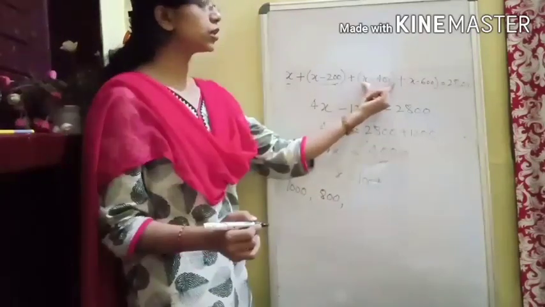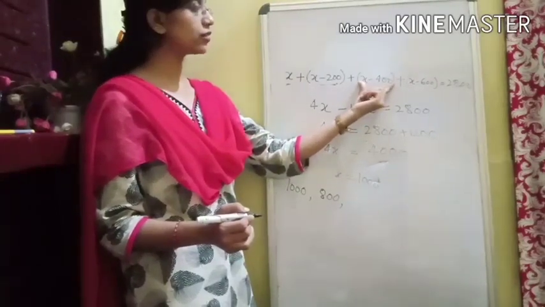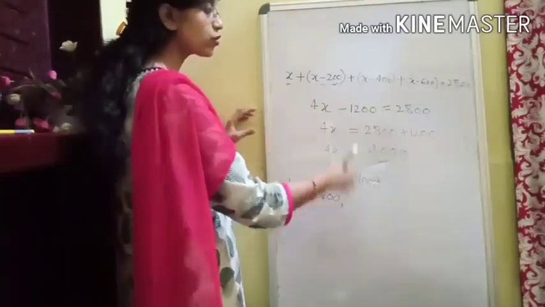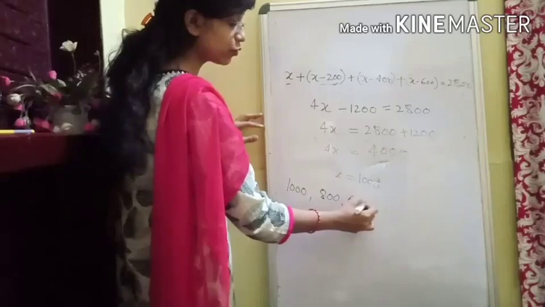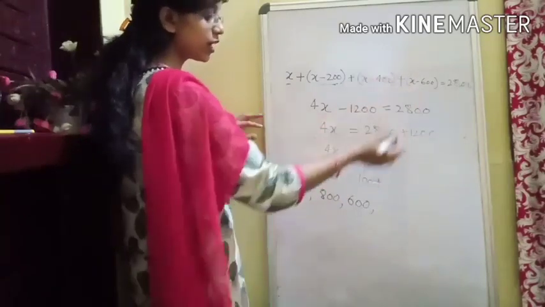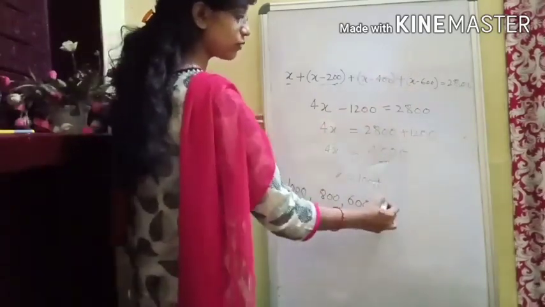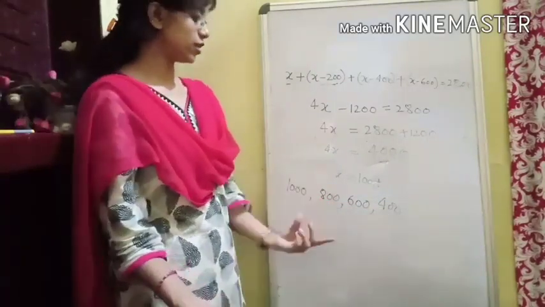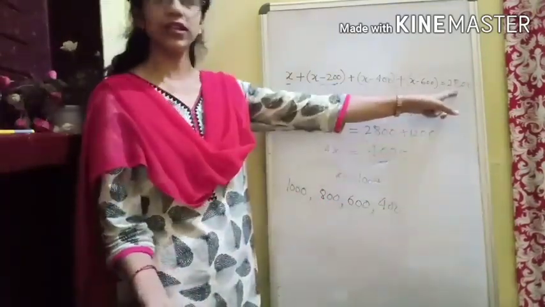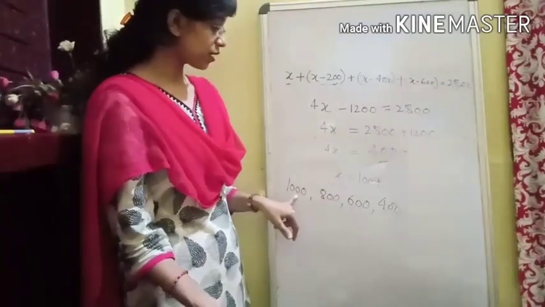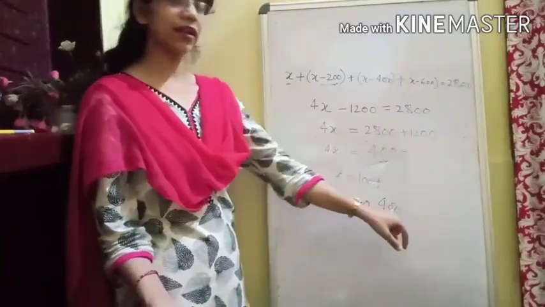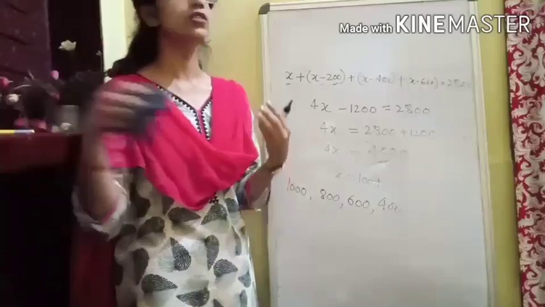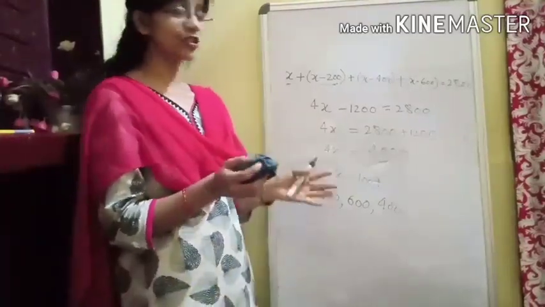Then the third prize is X minus 400, so 1000 minus 400 would be 600. And then 1000 minus 600 would be 400. To check, you can see if the total sum is coming 2800 or not. Yes, 1000 plus 800 is 1800, and then 600 plus 400 is again 1000, that would be 2800. That means the solution is correct.